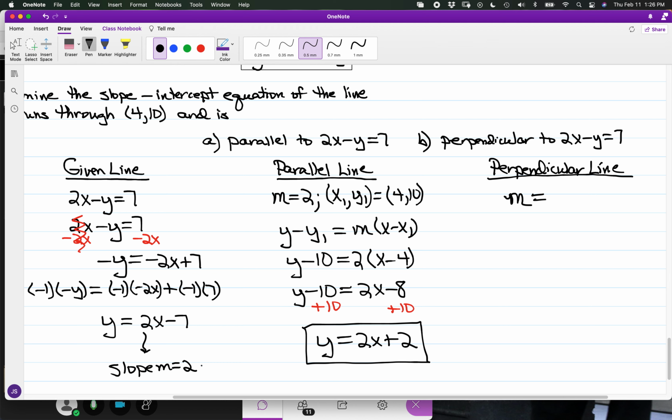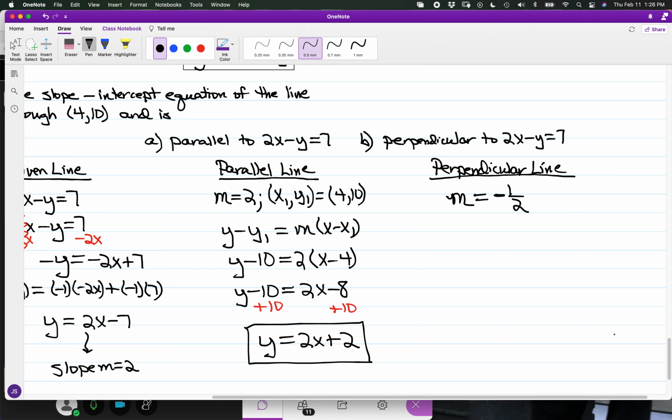Now we have the slope of the given line at 2, and for the perpendicular, the opposite sign reciprocal of 2 is going to be negative 1/2. And again, we have passing through the same point, (4, 10).